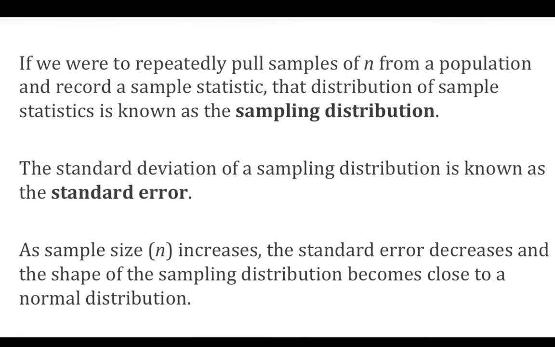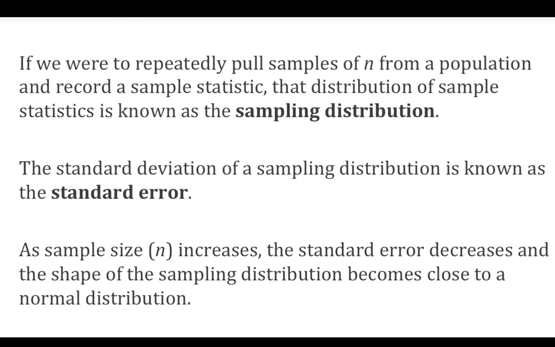These are the key takeaways for this learning objective. If we were to repeatedly pull samples of n from a population and record a sample statistic, that distribution of sample statistics is known as the sampling distribution. In StatKey, we're only able to see examples of sampling distributions for means and proportions, but we could follow the same procedure for a difference in means, difference in proportions, correlation, or regression slope.